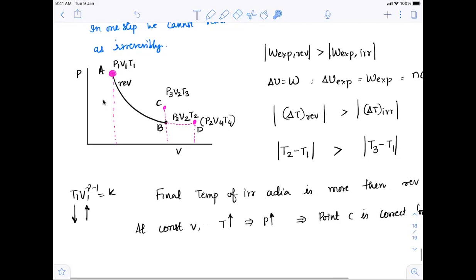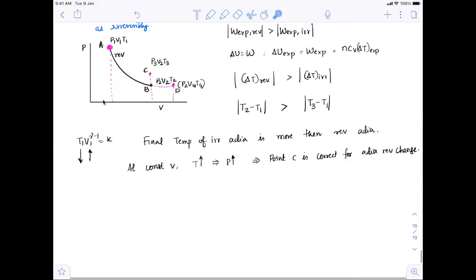Okay. So final pressure is same here. Correct. So imagine same expansion work, but I'm reaching the same final pressure. This logic is still the same, right?